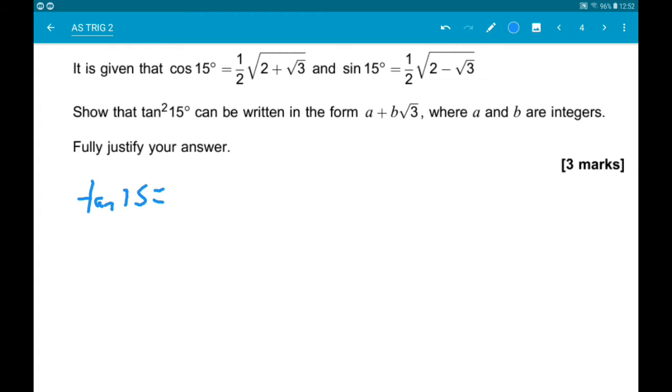So we have root 2 minus root 3 over root 2 add root 3.